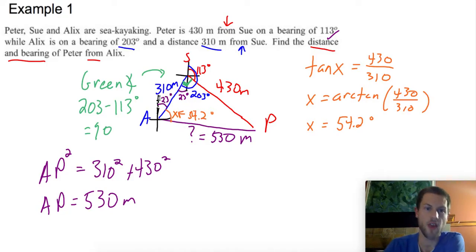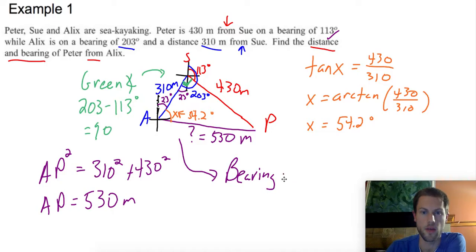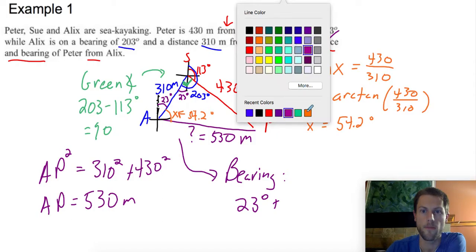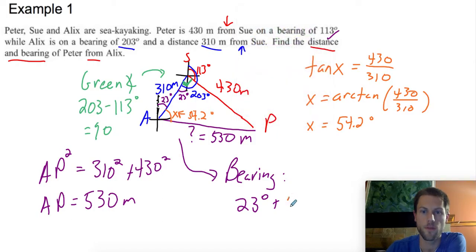If I wanted to find the angle now from north to this purple line, that's going to be the sum of this angle in purple and this angle in orange. So my bearing is going to be the 23 degrees plus my orange 54.2 degrees.